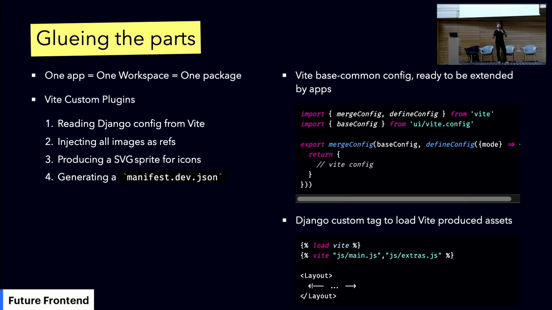And we made a custom tag in Django to just include the Vite JS file, which was something like, okay, we will use Vite and we will need those JS assets in this specific view. So let's do your magic, find in the manifest the right files that were generated for those asks and inject them in the final views.